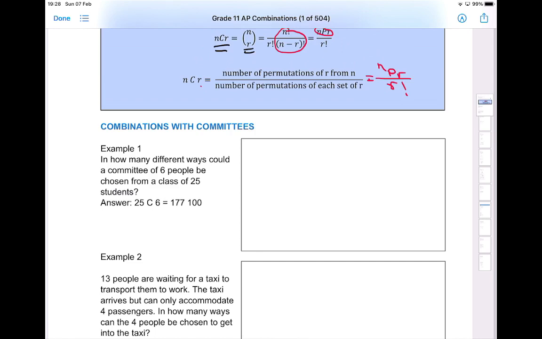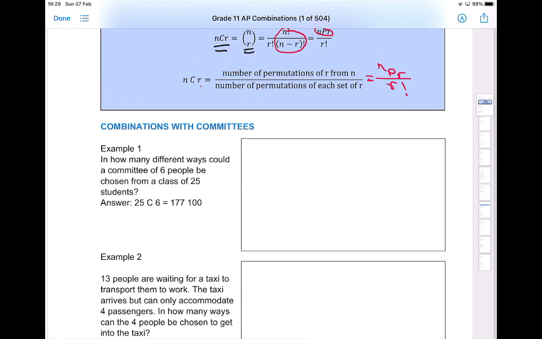We have a class of 25 students, and we are forming a committee. We need a committee out of these 25. The committee should be made up of 6 people. So we are choosing 6 from 25. And so the question is, in how many different ways can we do that?